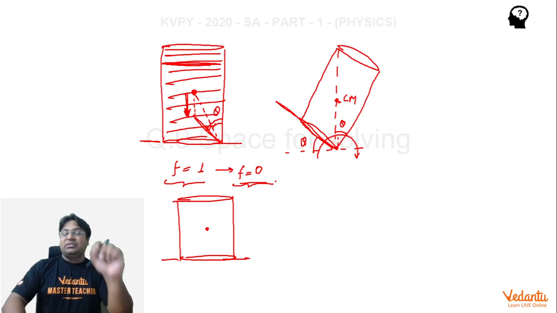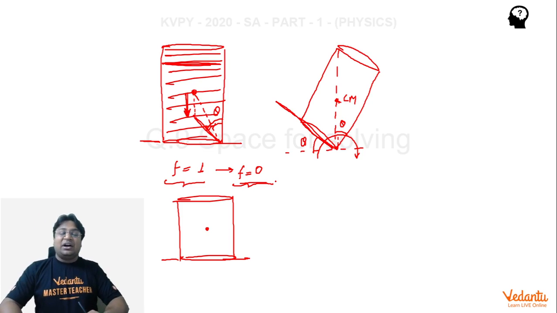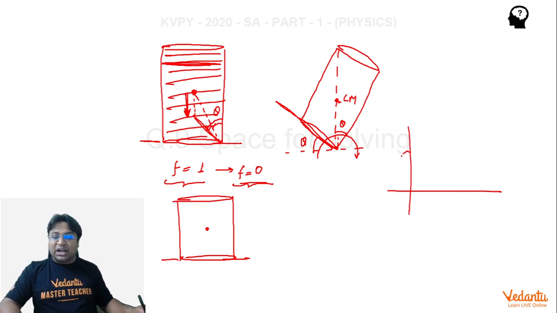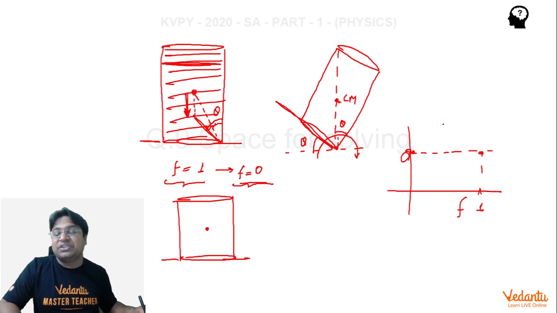And in the middle, theta will increase because the center of mass would have fallen, the center of mass would have decreased in height. So therefore we are looking for a graph where we start from f equal to 1, and whatever value we get, the similar value should be there for f corresponding to 0, and in between these 2 points the graph should be above this dotted line.